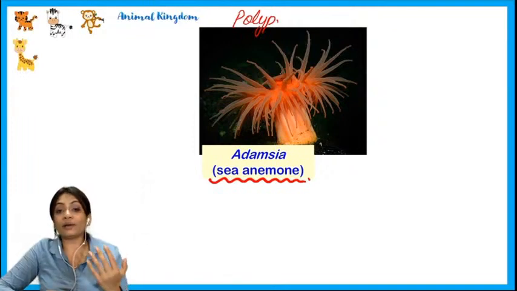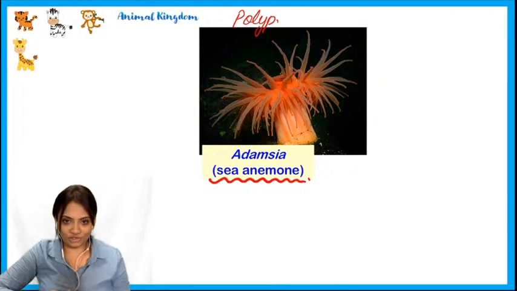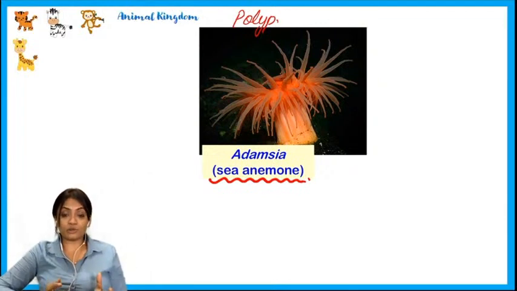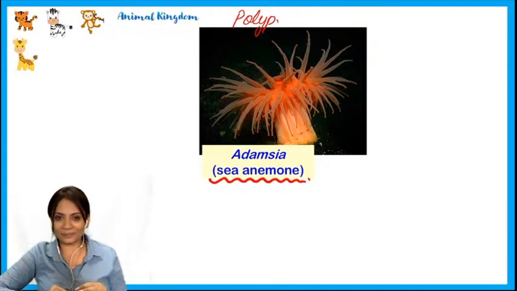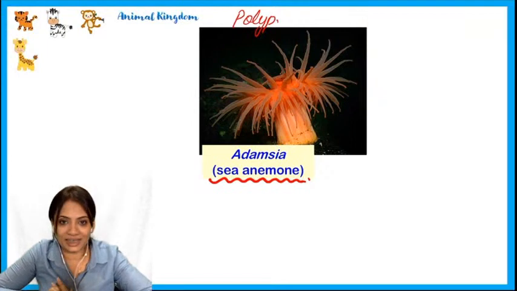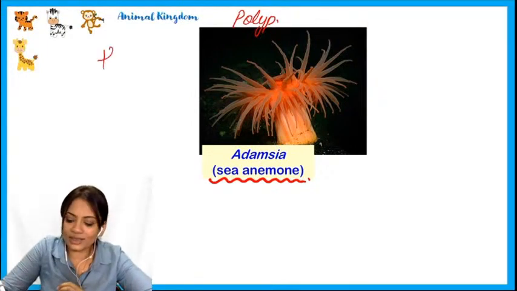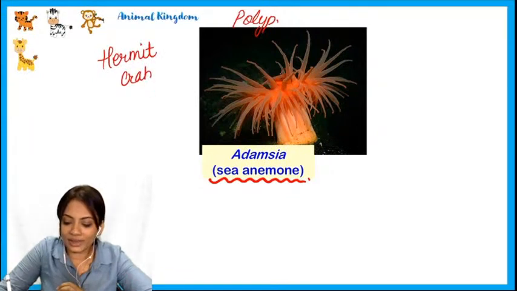Alright. But what happens? This is a polyp, and being a polyp, it doesn't have locomotory structures, and neither is it able to move on its own. So what does it do? This Adamsia is going to find itself a crab. Which crab? It's called a hermit crab. What does it do?